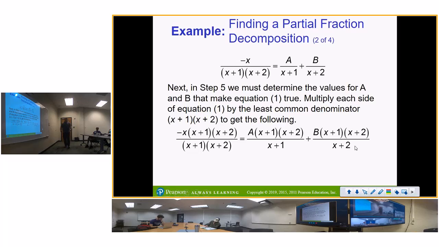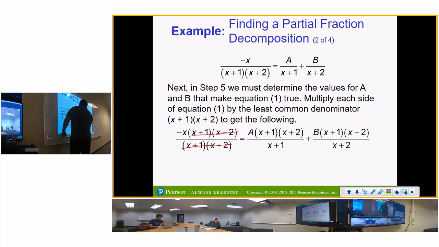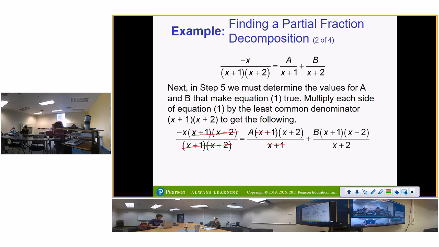Now, what naturally happens? Well, on the left side, everything's going to cancel except for the x. And what cancels over here? The x plus 1. And what cancels here? X plus 2. All right, now rewrite the equation.